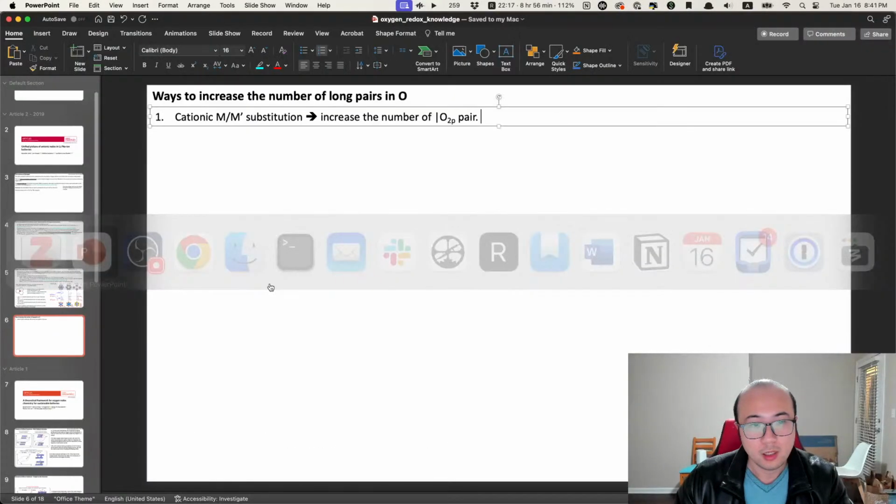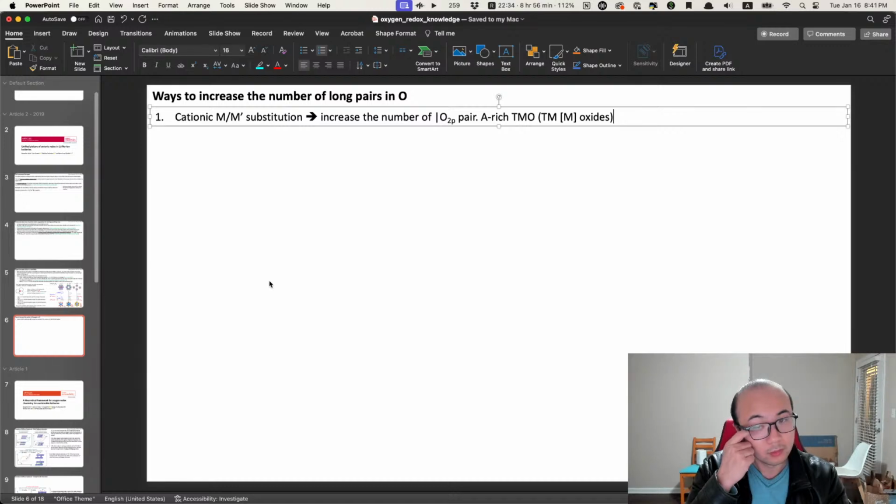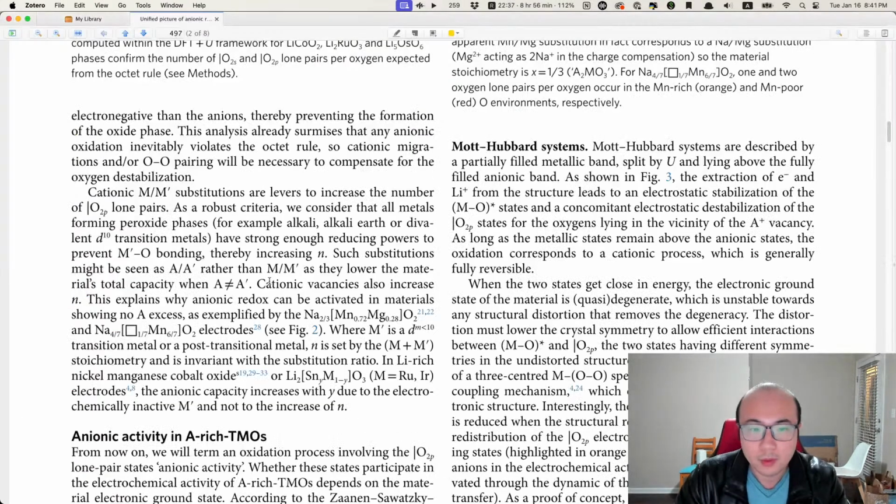Okay, so we need to figure out what is A, what is M. So we are going A rich TMO. So transition metal is M. Oxides. Cationic vacancy. Okay.